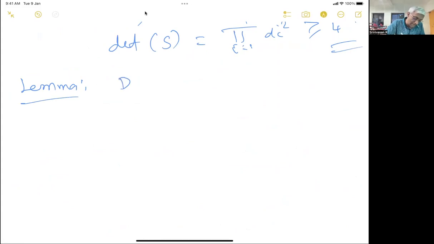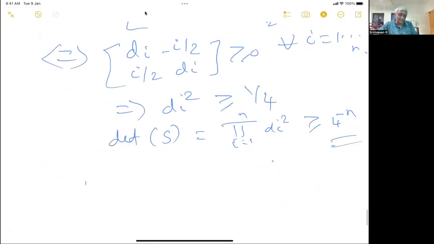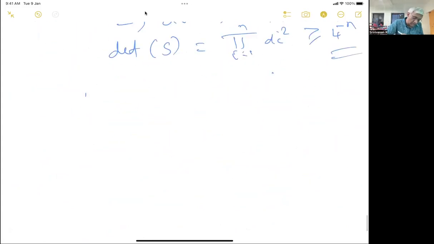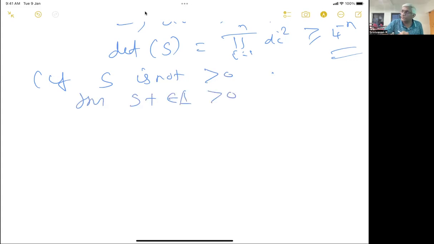Let D be a diagonal matrix. I forgot, we have assumed that S is strictly greater than 0. If S is not strictly greater than 0, then S plus epsilon times 1 is greater than 0.